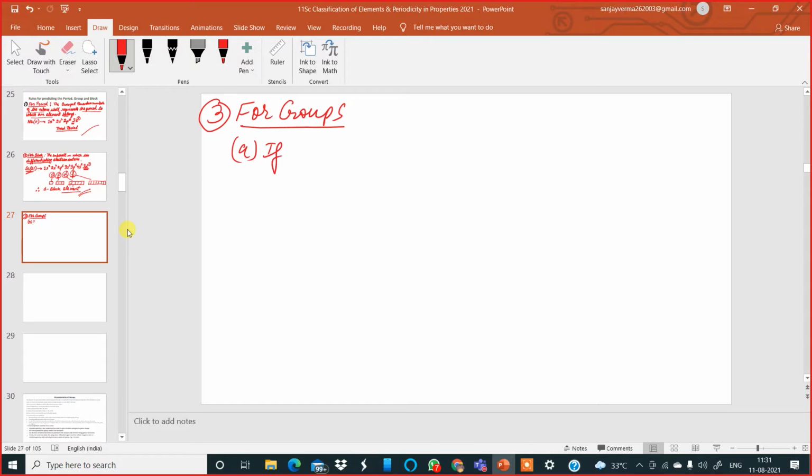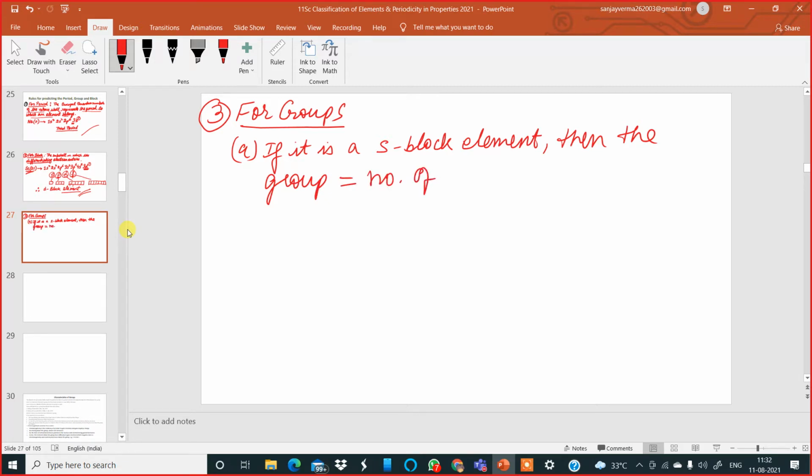If it is an S block element, then the group is equal to simply the number of valence electrons.